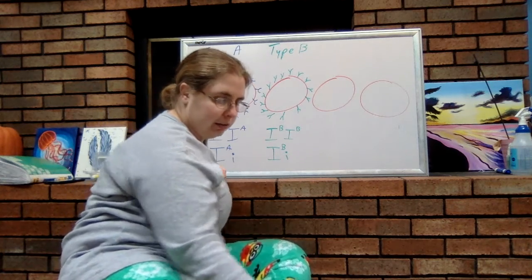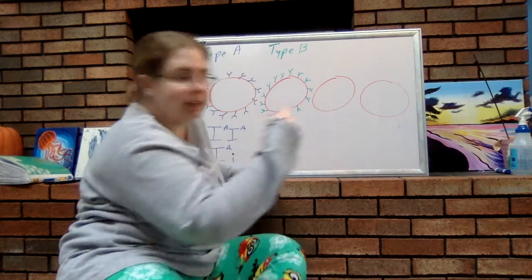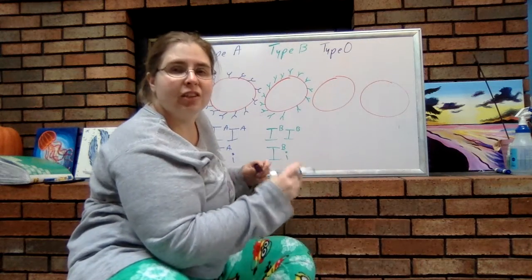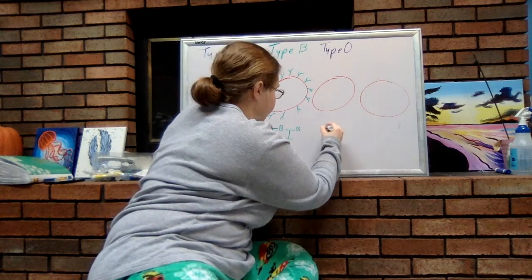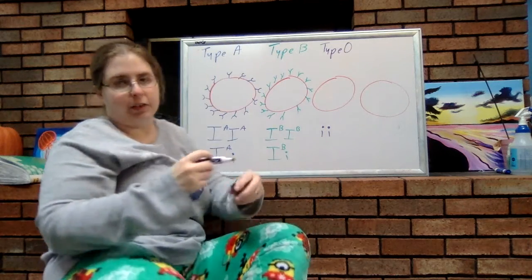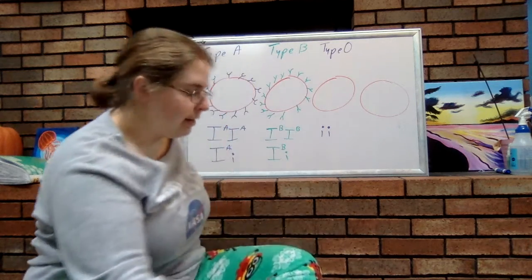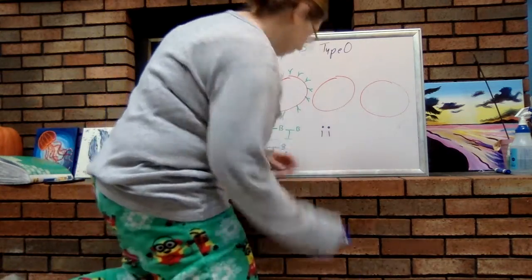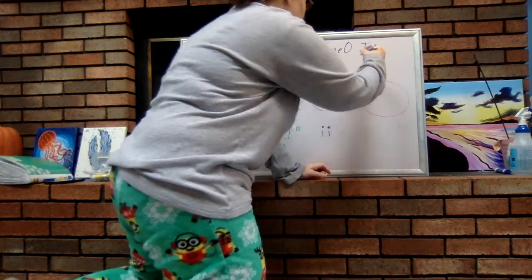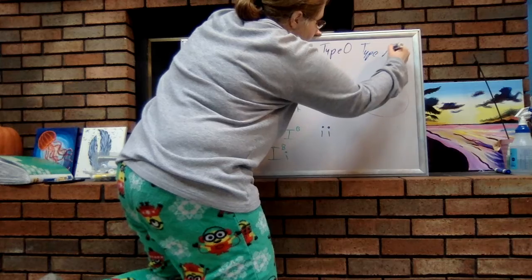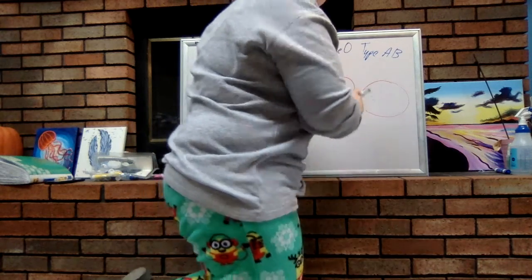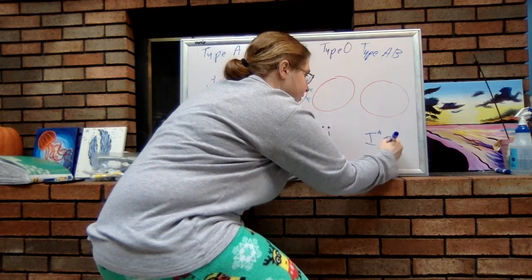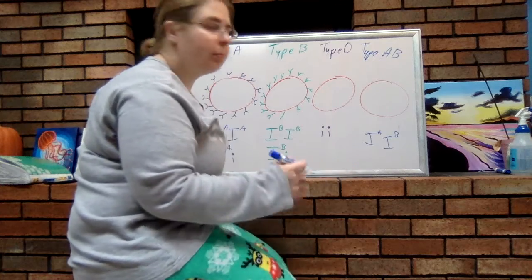Now, if you are type O blood, it actually means you're not making any receptors. So you're just plain. And then if you are type AB, then what you're going to be making, since A and B are codominant, it means you're going to be making both of the receptors.